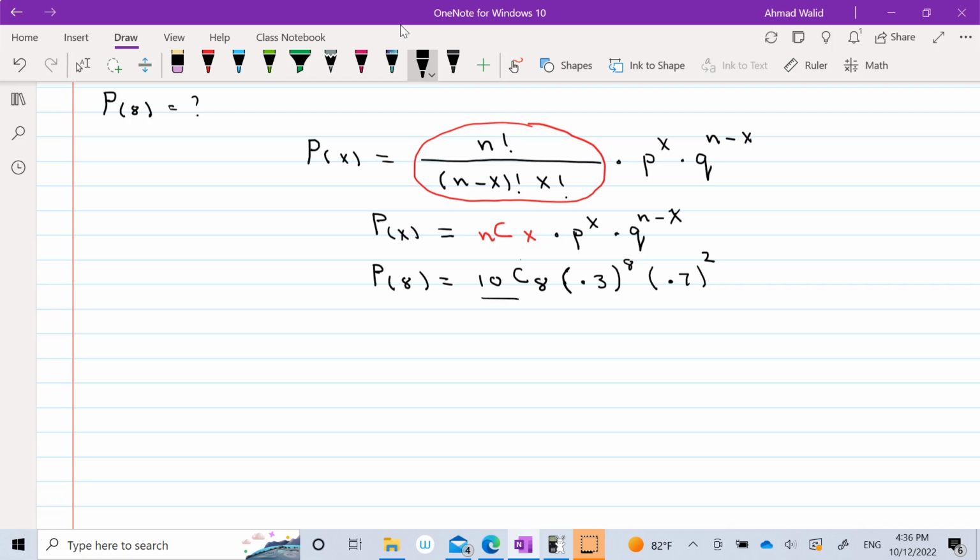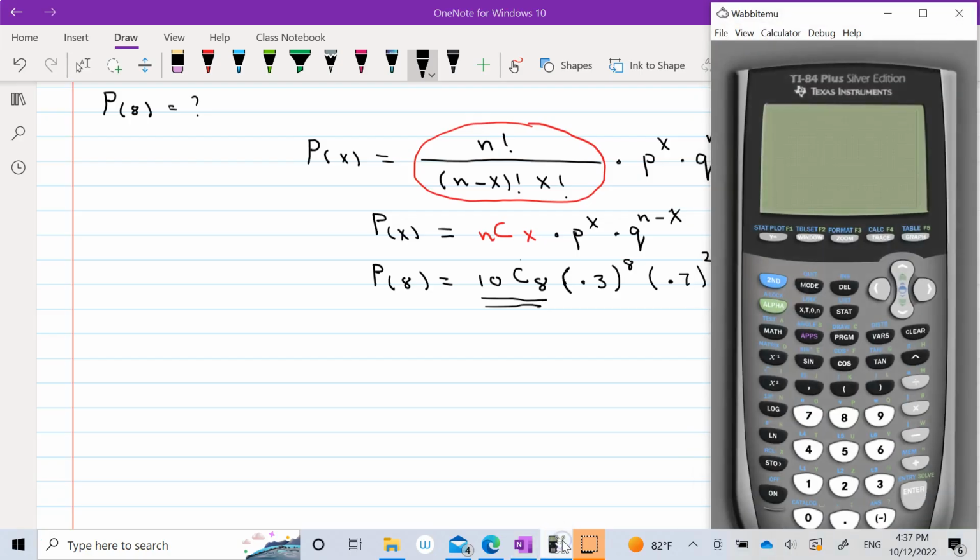Now, this part, 10C8, or how to find this, I'll bring up my calculator here. I'll show you in this calculator how you can use your NCX. Most of you have a TI-84 Plus. It's the same.